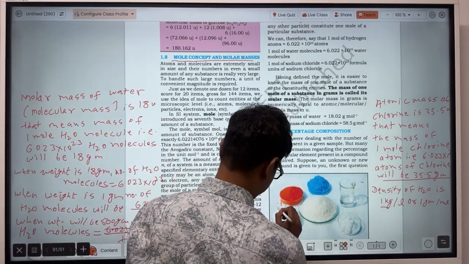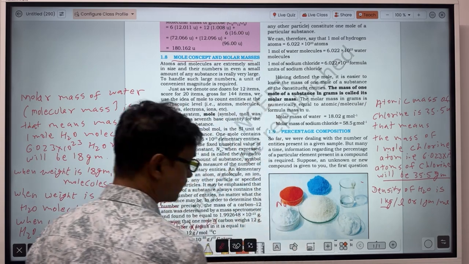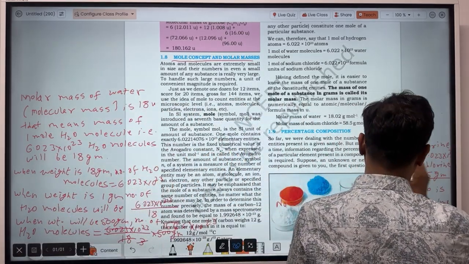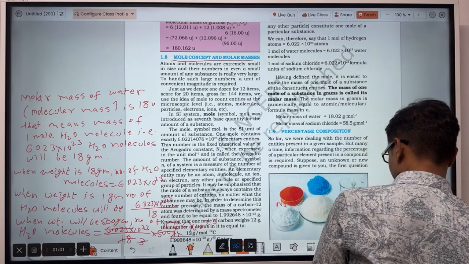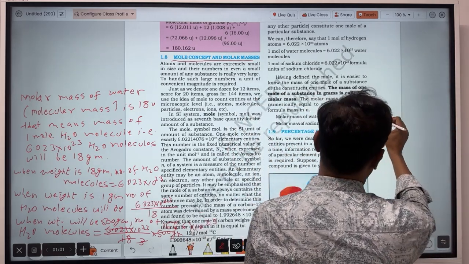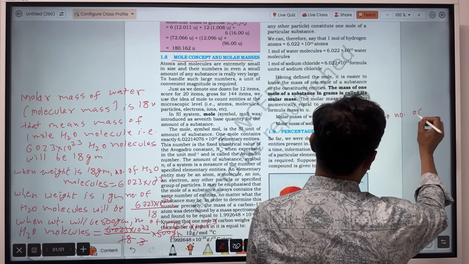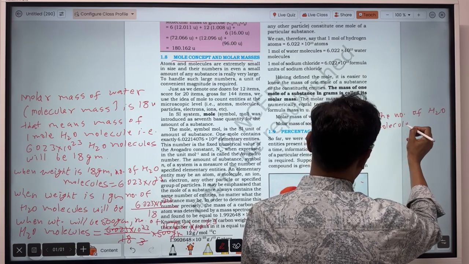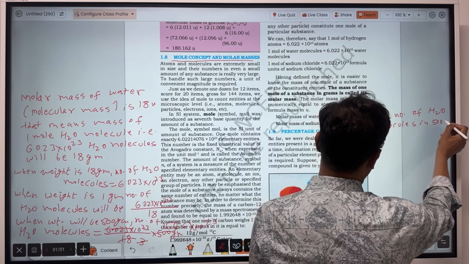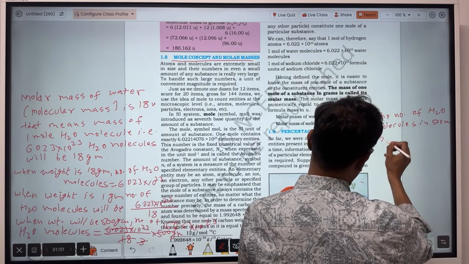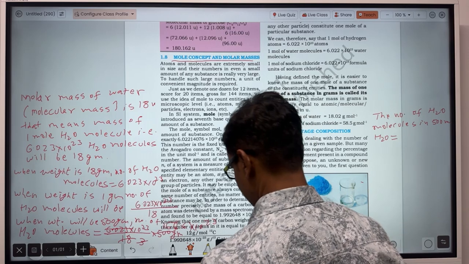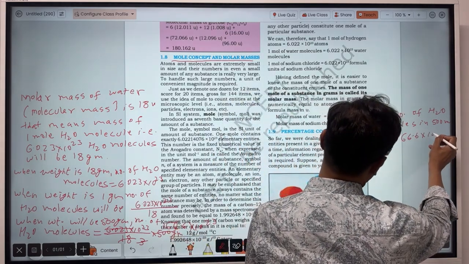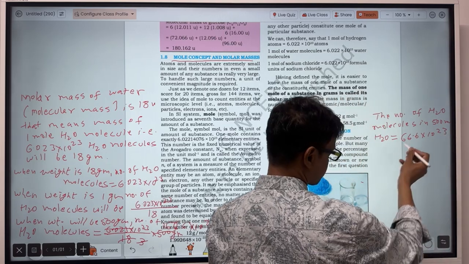So you can write that therefore the number of water molecules in 500 milliliter water is equal to 166.6 into 10 power 23, represented in scientific notation.